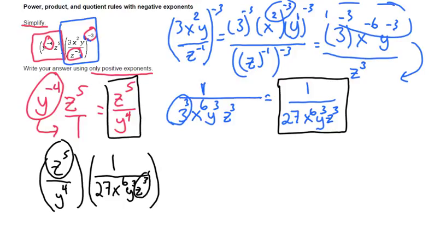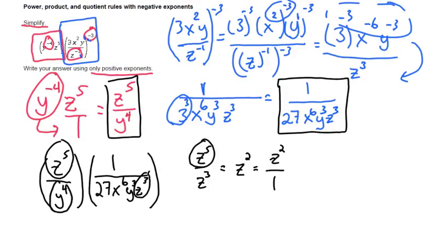So off to the side, z to the fifth over z cubed is going to be z to the second power. Since this exponent is positive, it's going to remain in the numerator. The z to the fifth power, there's more z's here, so it will stay in the numerator. So this is going to be like z to the second power and then a 1 in the numerator.